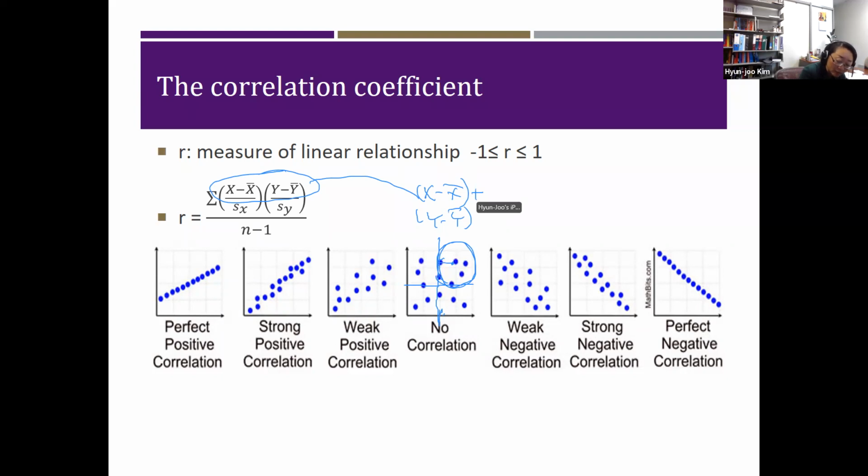And y minus y bar, this is the y value and the y bar value is here, so it will be plus. So when you're on this side, multiplying those two values will be all plus.